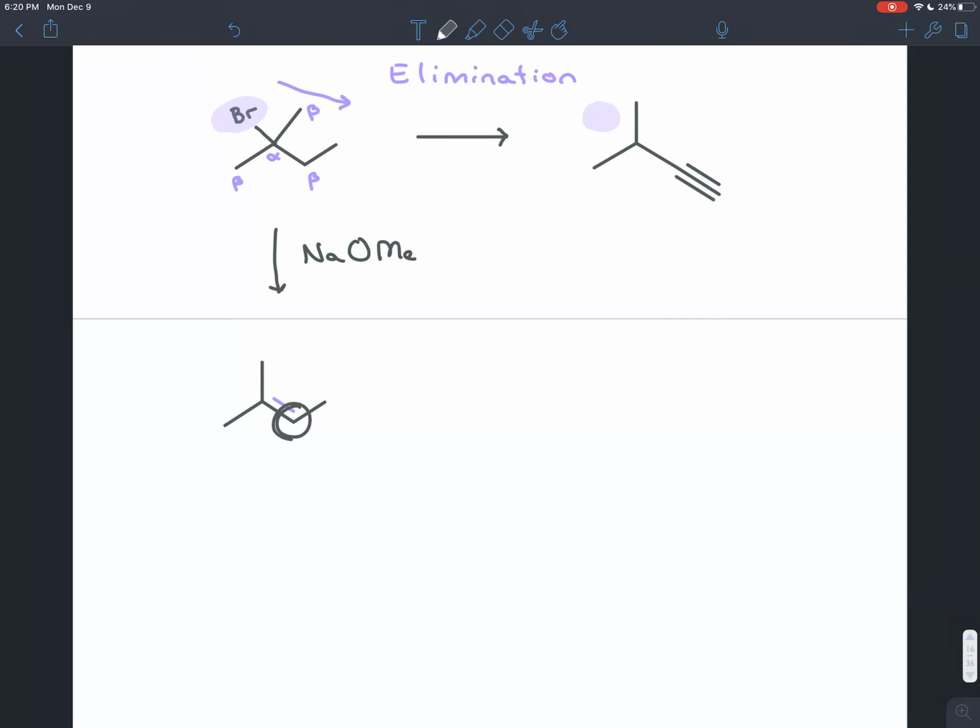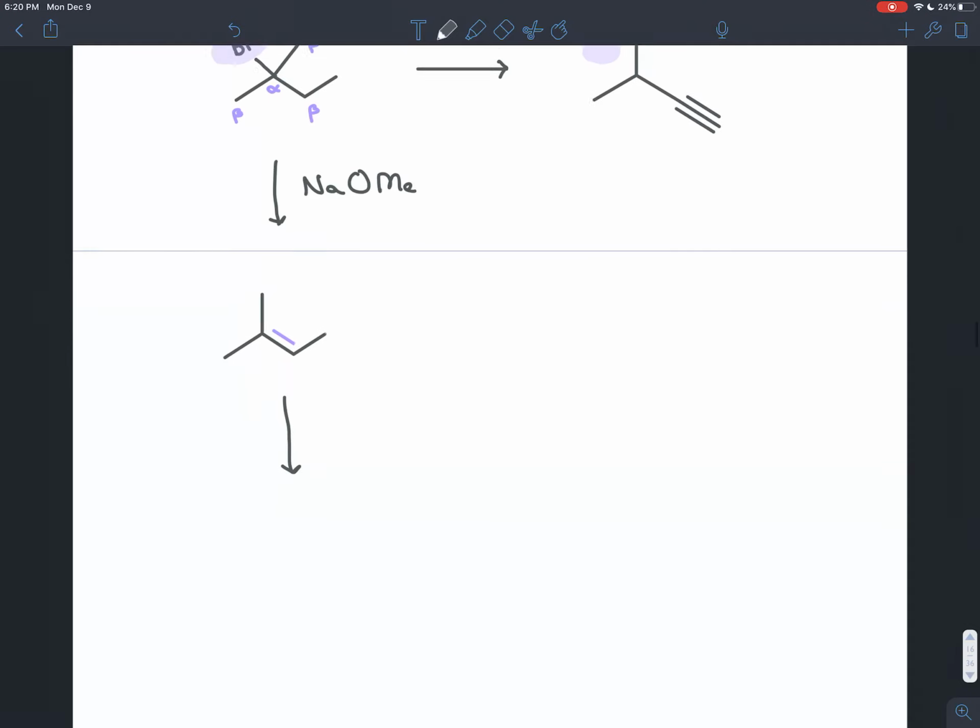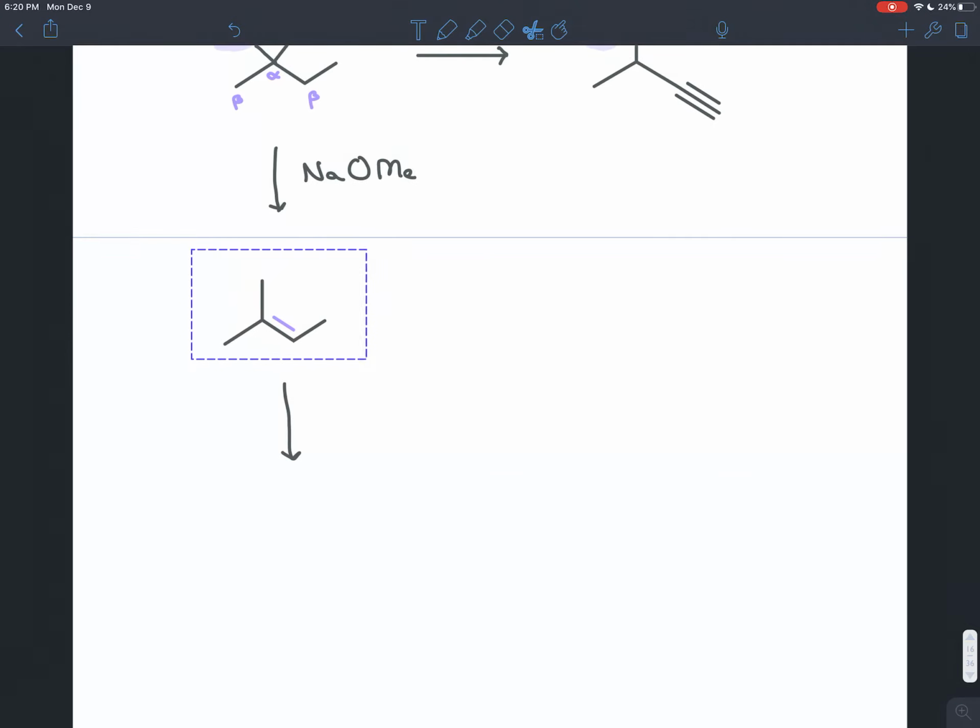And specifically, we want the leaving group to go toward the right, in the direction of where the reactive part of this molecule would be. So the product that we'd want is this here.